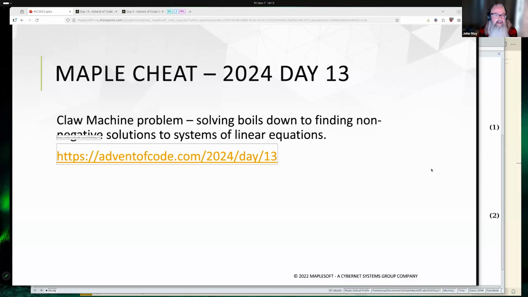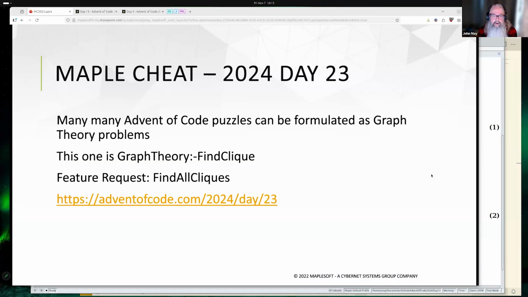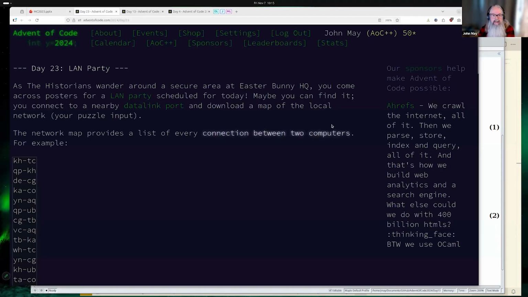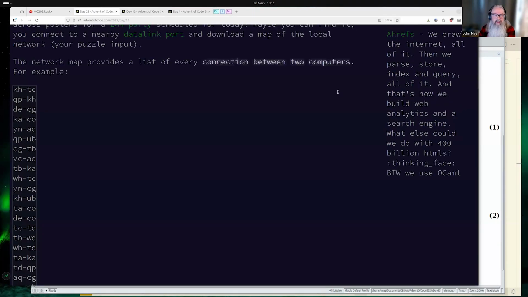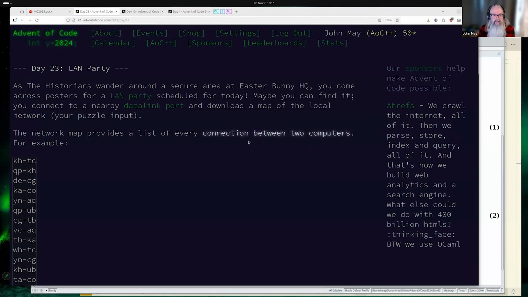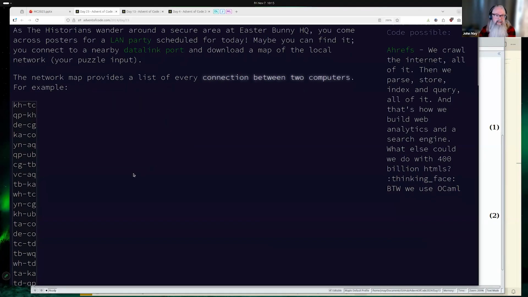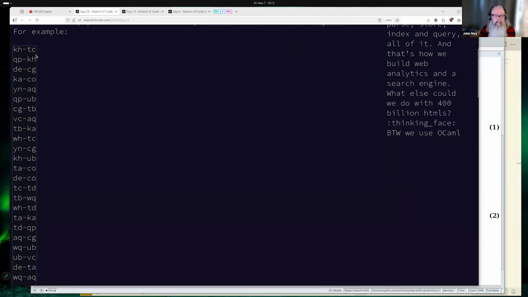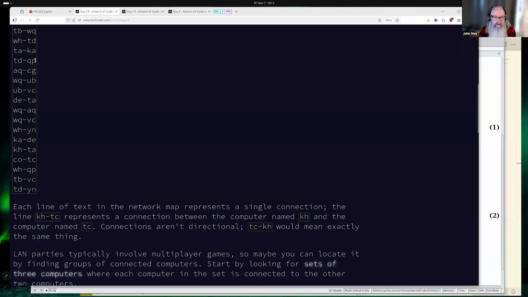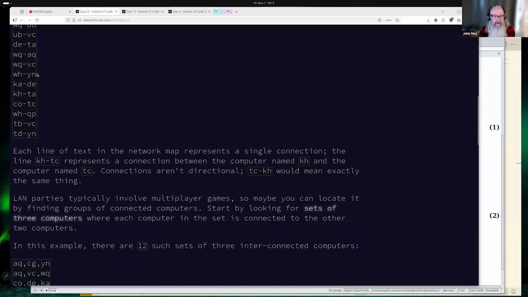All right, so I have a bunch of ways that we're cheating at Advent of Code using Maple. Here's day 23 from last year. In this particular case, you're looking for an elf who is at a LAN party, and all you have is a map of all the computers connected at the LAN party. So this suggests you're going to do graph theory.